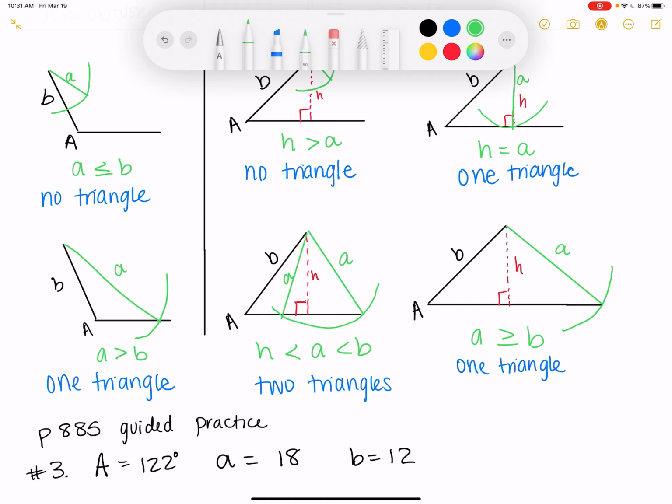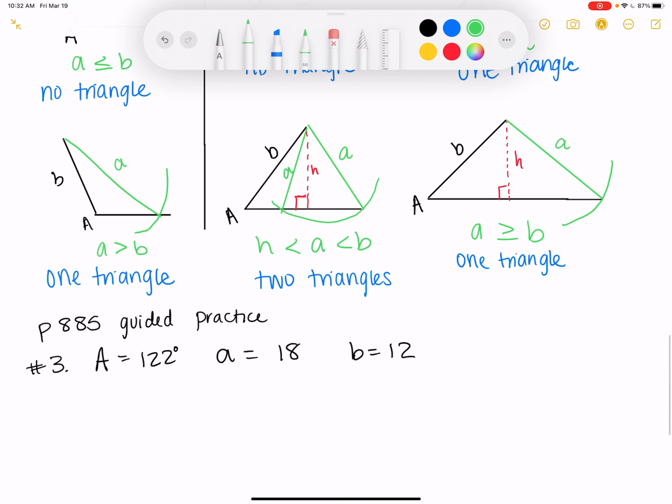It's bigger than 90 degrees. There you go. Angle A is obtuse and A is greater than B, because 18 is greater than 12. So it's one triangle.